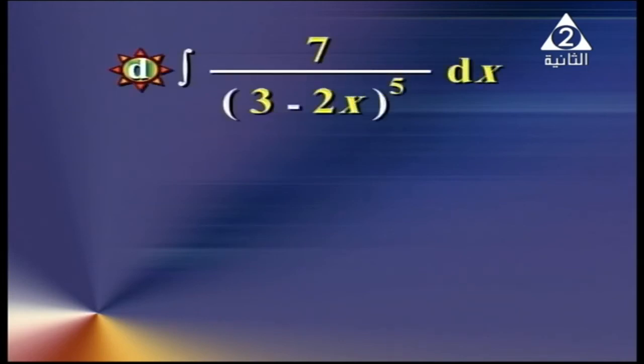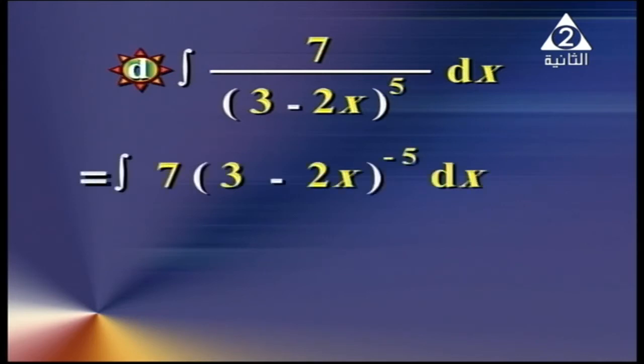Number D. What is the integration of 7 over bracket contains 3 minus 2x for all power 5 dx? Excellent student. We can write the function by another method: 7 multiply bracket 3 minus 2x for all power negative 5 dx. By using the previous rules, we add negative 5 plus 1 equals negative 4 and divided by negative 4.